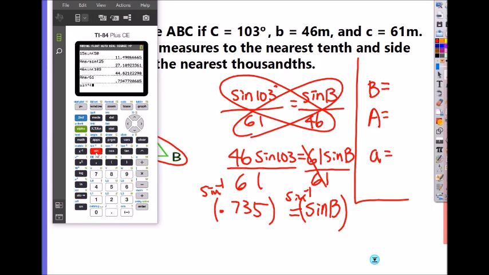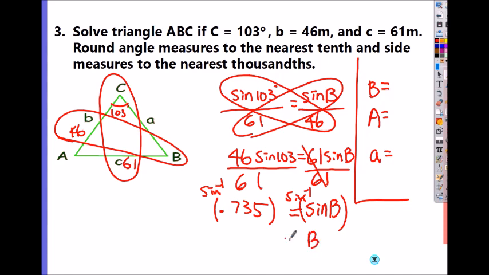Second sine for arc sine. And then how do I copy this previous answer? Second negative. Do not use the rounded answer. Even a few decimals off gives you a different angle. So it is 47.288 degrees, which is your angle B.